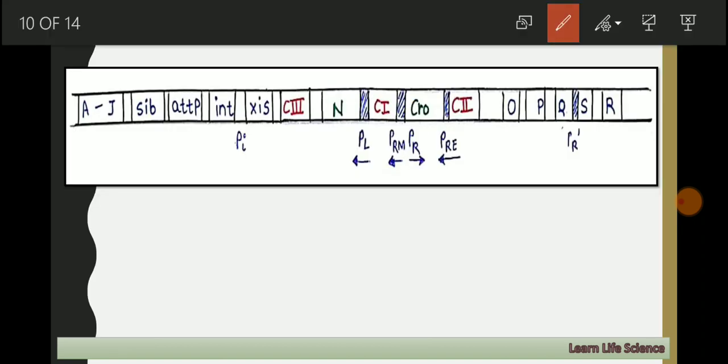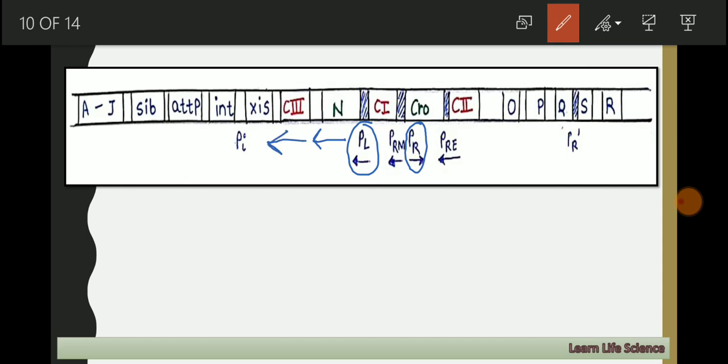So the first thing that will happen is the binding of RNA polymerase to PL promoter and PR promoter. Okay, PL promoter will initiate transcription of N gene. On transcription of N gene, there will be further transcription of C3 gene.